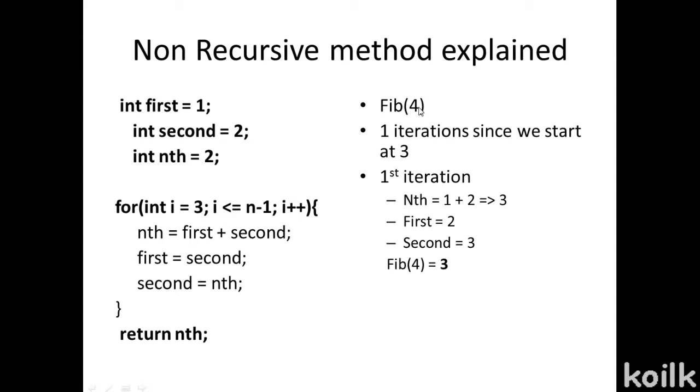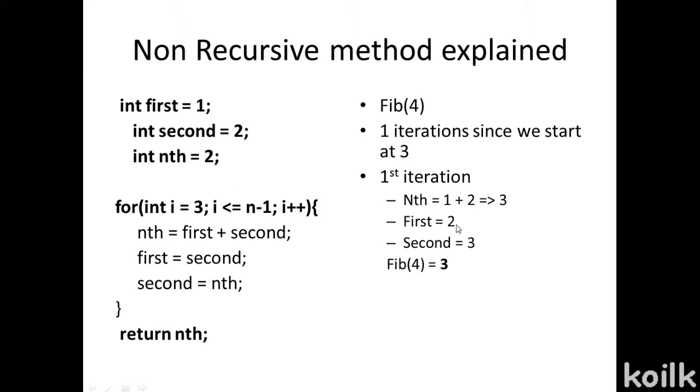So let's just say I pass in the number 4. Due to the fact that I start at 3, there's only going to be one iteration since I'm passing in 4. So in this first iteration, the nth variable is going to be set equal to 1 plus 2: first plus second, which you can see here. Nth equals first plus second.